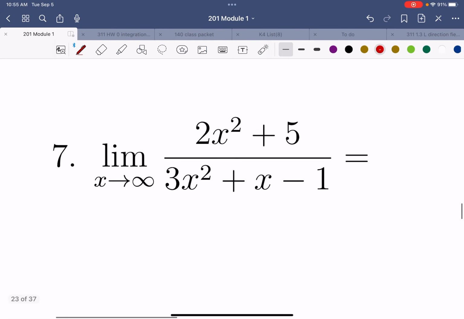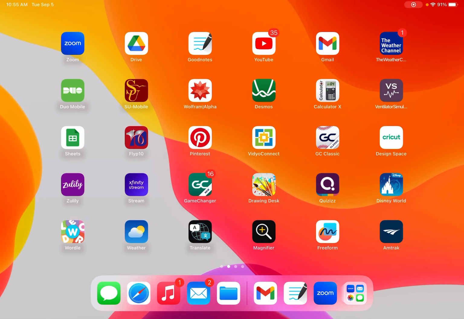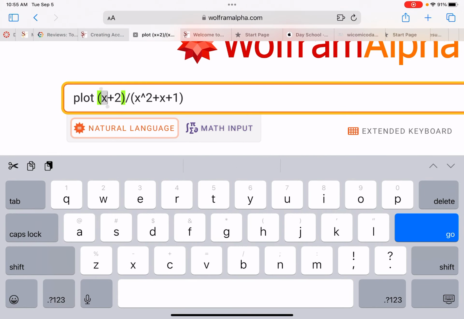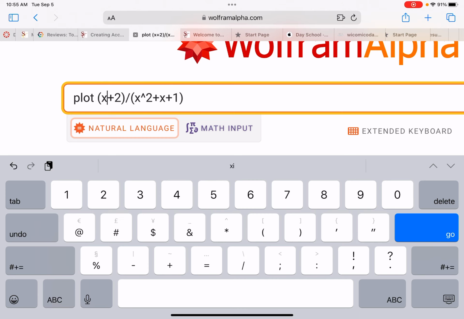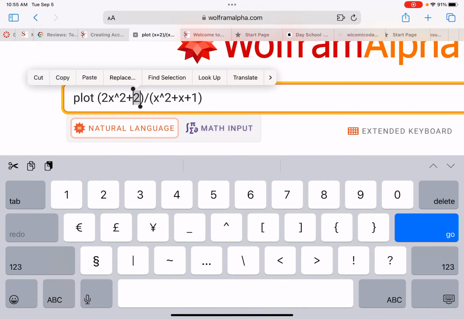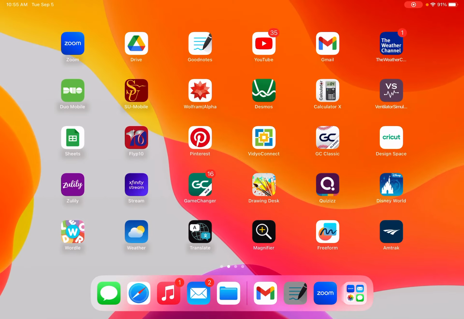And lastly, let's take a peek at this one. So 2x squared plus 5. And what was the other part? 3x squared plus x minus 1.